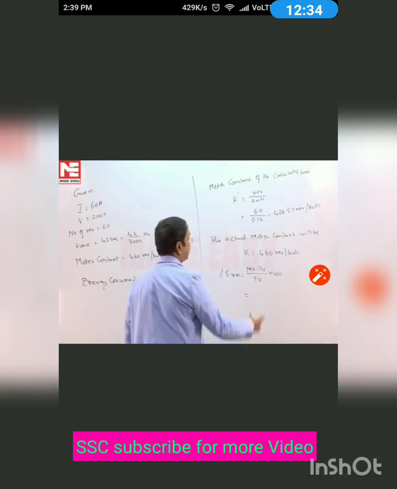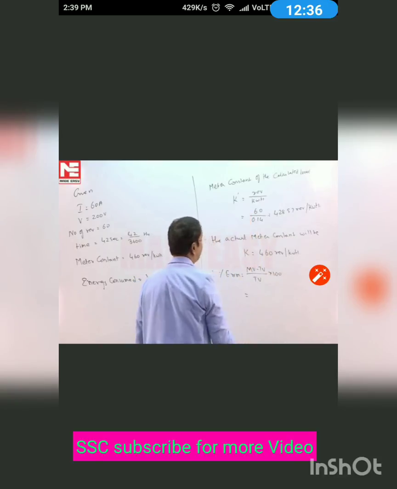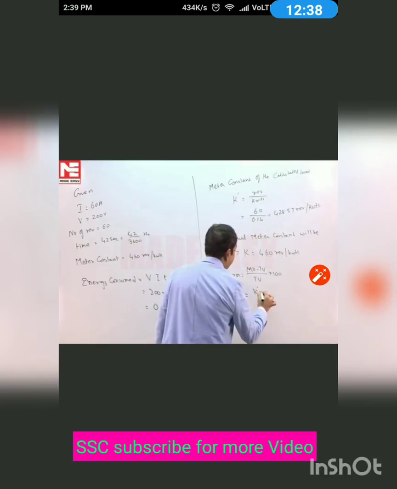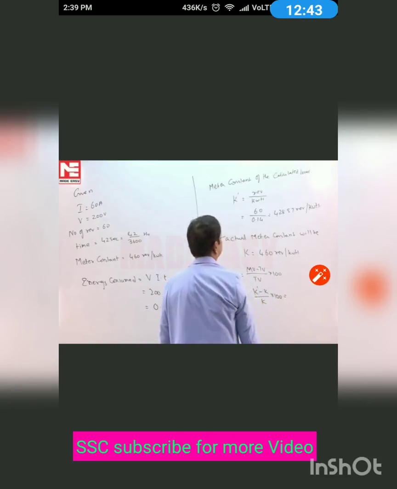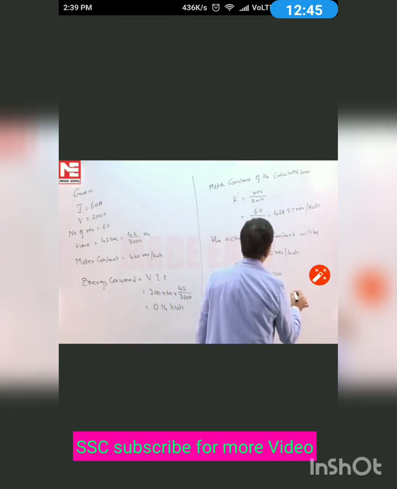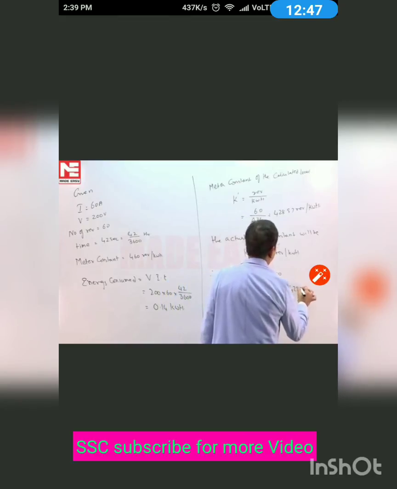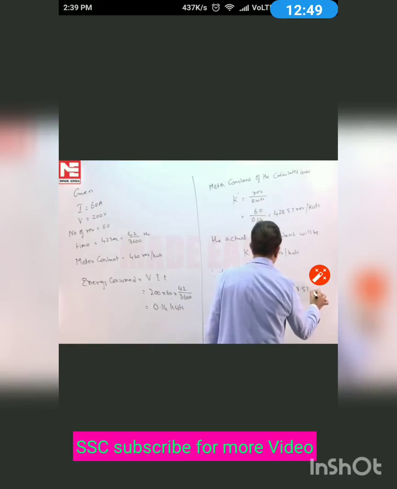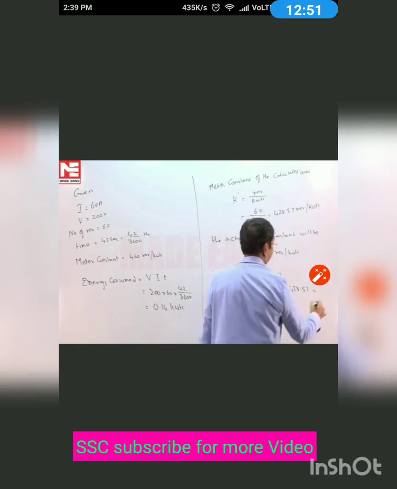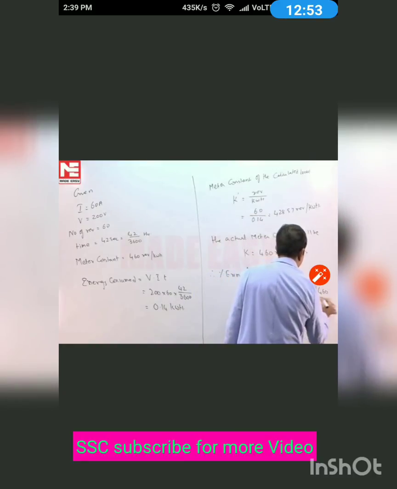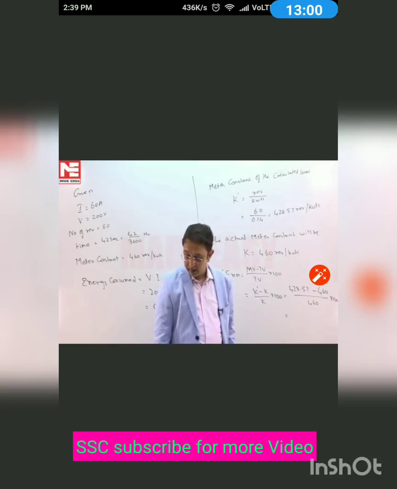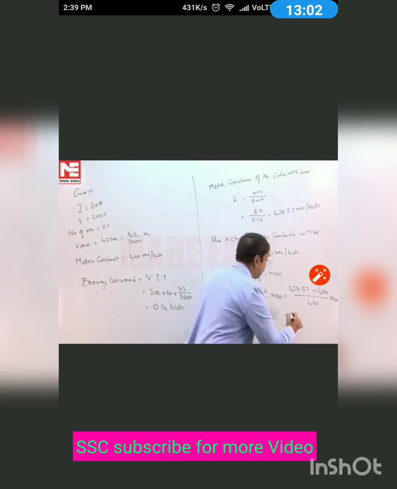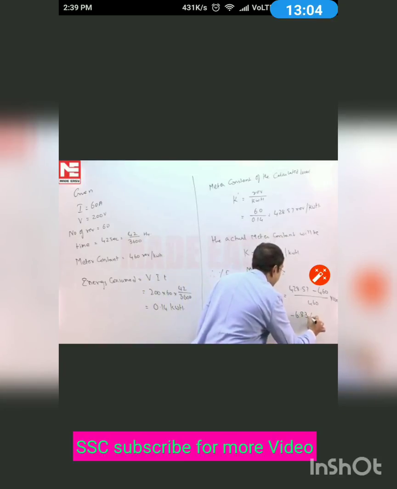Here K dash is the measured value and K is the true value. So K dash minus K divided by K into 100 is going to be 428.57 minus 460, divided by 460, into 100. Upon calculating, this value comes as minus 6.83%.